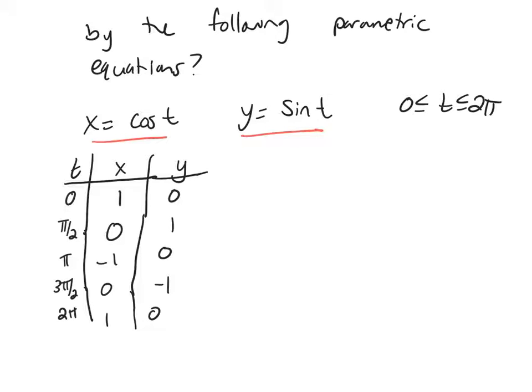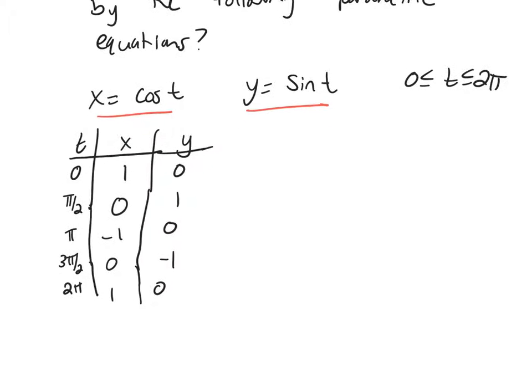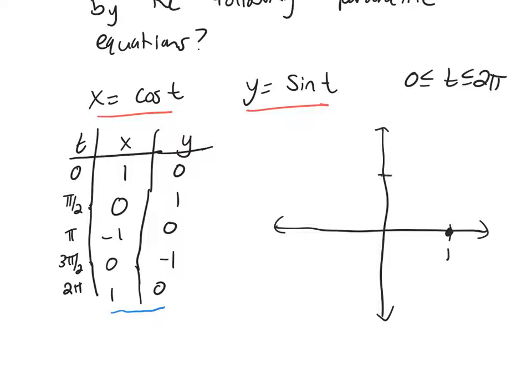So now again, to plot points, we're just going to look at these last two columns and plot those points: 1, 0; 0, 1; negative 1, 0; 0, negative 1; and 1, 0.